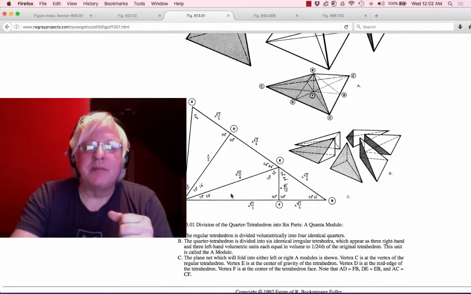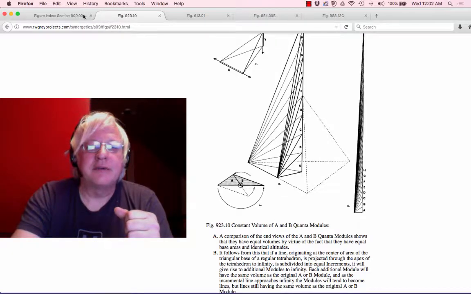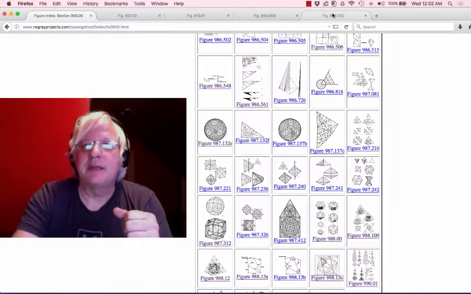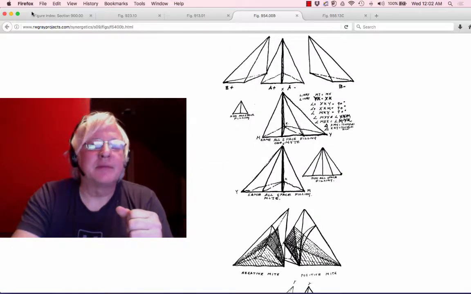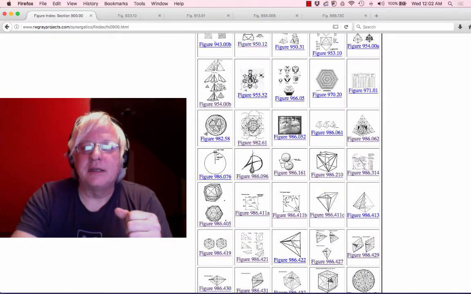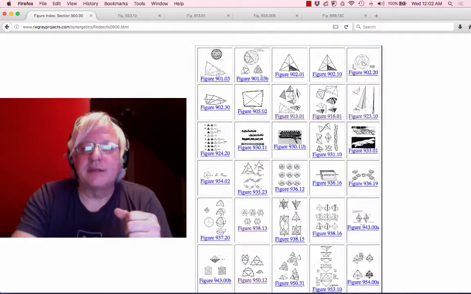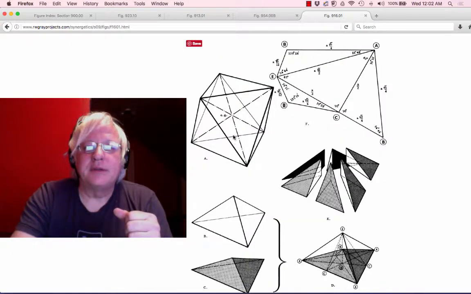Now, the B modules are very similar. We start with an octahedron, the complementary shape in the isotropic vector matrix, except I'm not seeing it here. Let me quickly go find it in this figure index for Synergetics. Here we go. The B modules do the same thing.